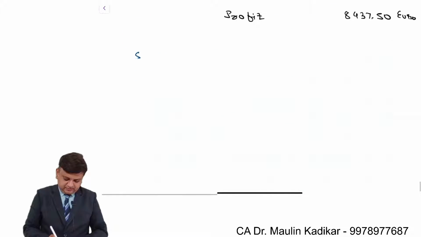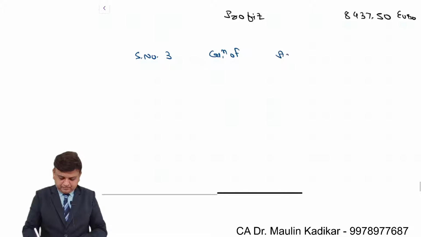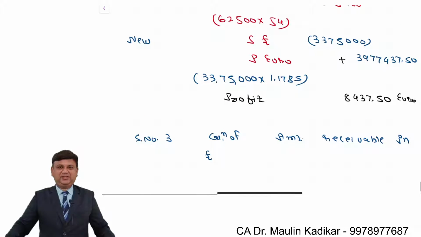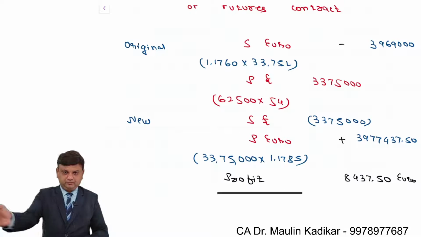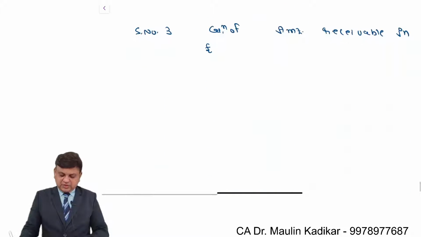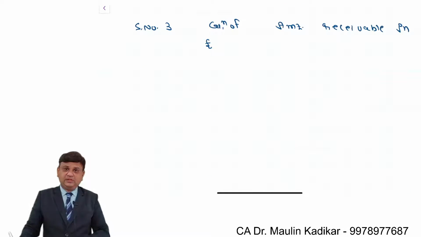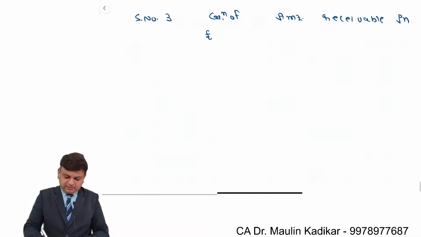Step number 3, calculation of amount receivable in pound currency. That is what we are going to calculate. So now in step number 3, amount receivable, we understand that importantly, that is spot transaction.